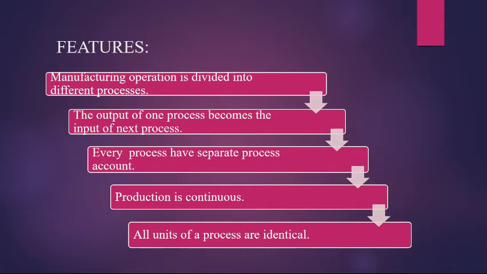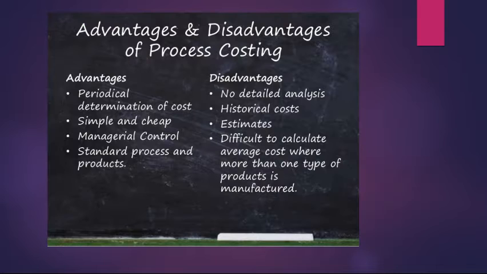Every process has a separate process account which should be maintained correctly and assessed properly for assigning the cost per unit from that process. And this production will always be continuous in nature. All units of a process are identical. So these are the main features of process costing.